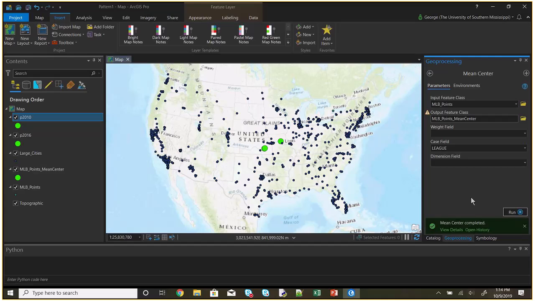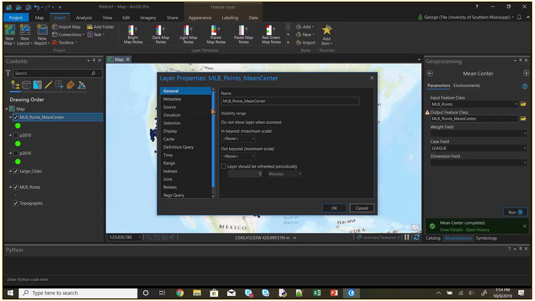I don't really know if that will have any effect on the patterns that exist, but let's see if the center of the average of all the American League teams is different than the National League teams. So that's what this is doing. You can set a case field, and that case field will give you two central features if you have two different values in the case field, and we do, American and National.